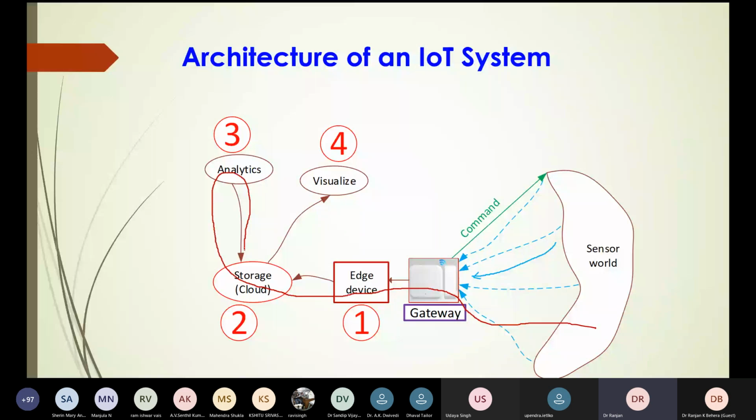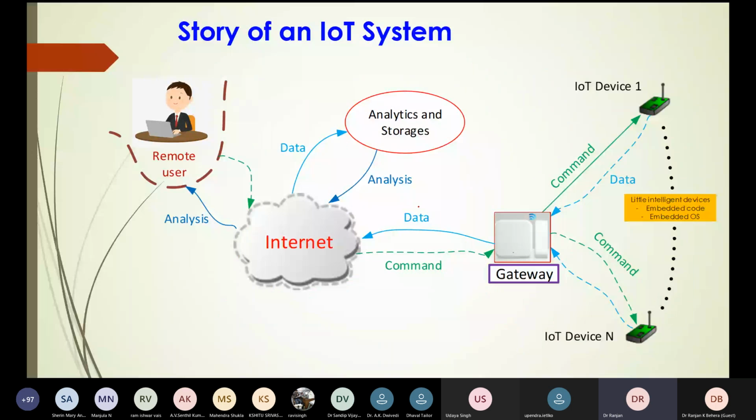And then the command. So it is so beautiful. You see, this is the architecture, and the sensor data comes from here, okay? And the sensor data goes to the gateway, and the gateway tries to think or gives it to your edge device, okay?